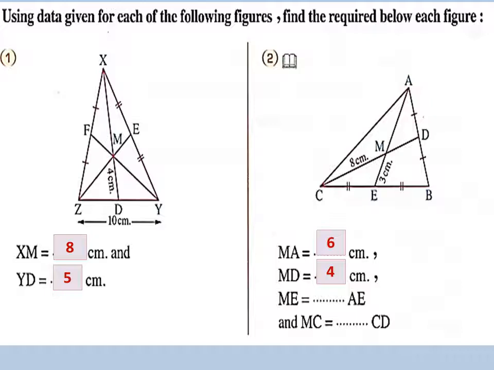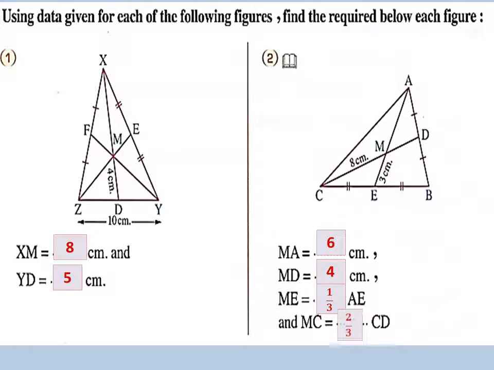AE is the total median. So ME equals, very good, a third of AE. MC is the part from the vertex. CD is the whole median. So MC equals, who can say?